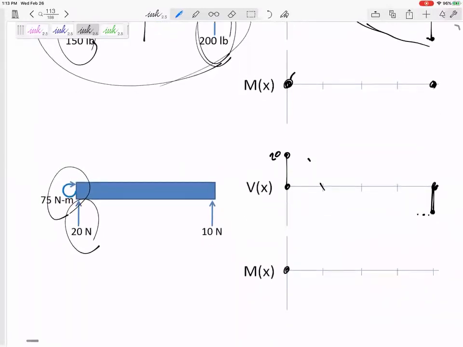Now the moment right here, and we could cut it, and I don't have this sheet in our notes. We could cut it and see what a clockwise moment does to our moment diagram, or we can cut it and see what a counterclockwise does. But a clockwise pushes it up. So this one would immediately go up to 75.